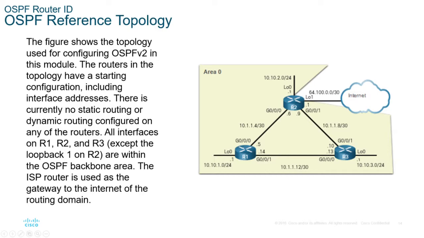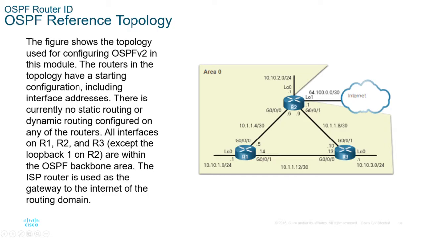It's a simulated, virtual interface. It doesn't actually exist, so I can't unplug a cable, causing it to go down. The only way I can bring that interface down is by going into it and manually turning it off with a shutdown command. Because of that, it's a backup way of getting our router ID.